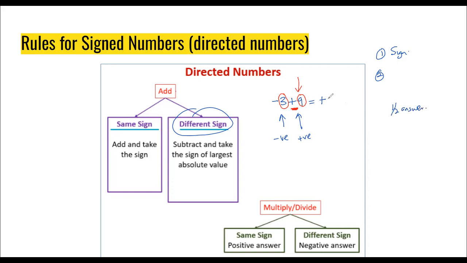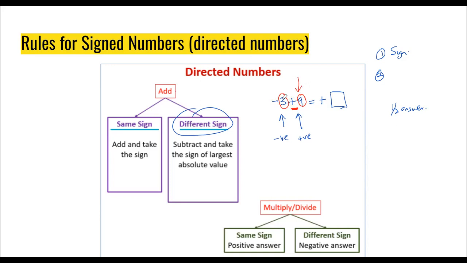The next part of the answer now is going to be, what number am I going to put in this box? Right? I'm saying -3 plus 9, but what's the answer? We have to work out the sign, and we take the sign of the larger number, which is 9. That's easy. What's the next step? If the signs in front of these numbers are different, then we take the sign of the larger number and we subtract the two numbers from each other.